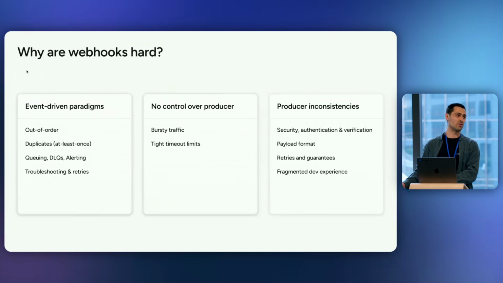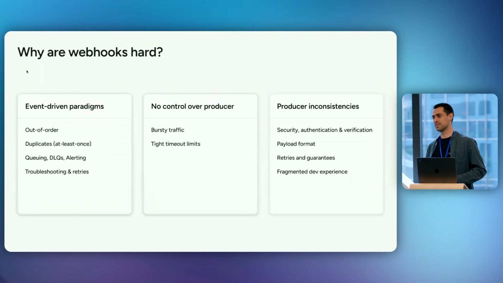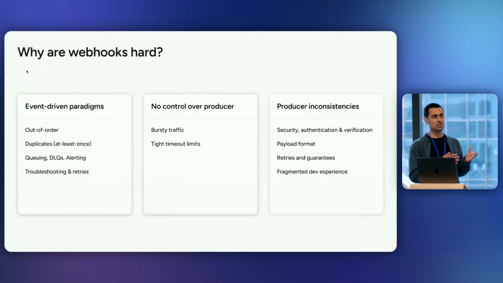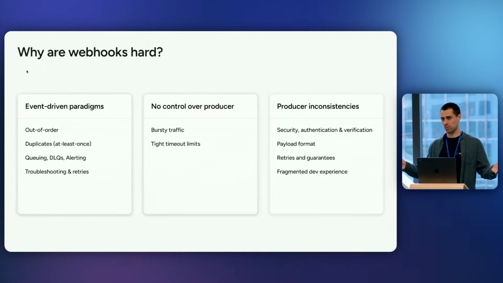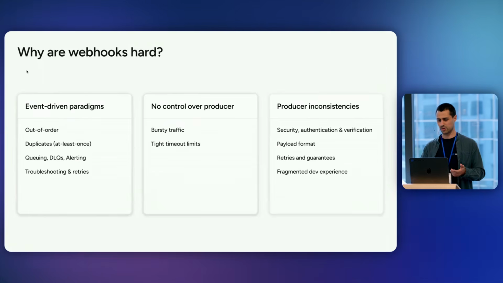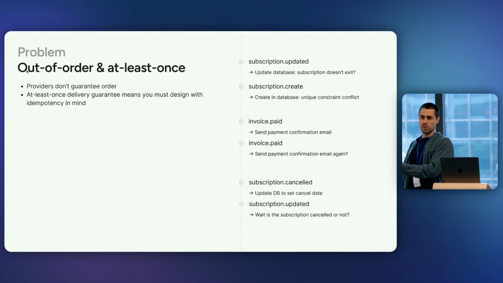You're building around the constraint of Twilio, which is going to retry a single time after 30 seconds. Most often what we see nowadays is that you're no longer integrating with just one. You're integrating with multiple at once, and you need to take into account the design considerations for each of the providers that you integrate with.